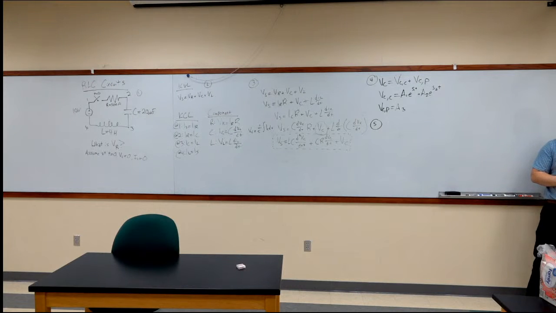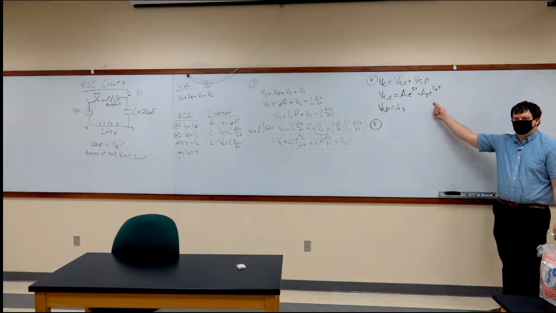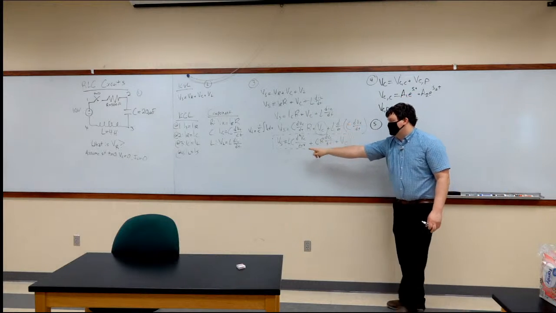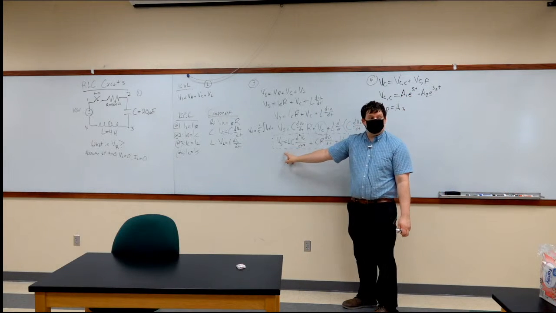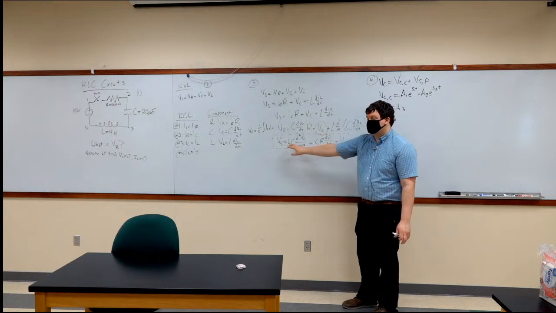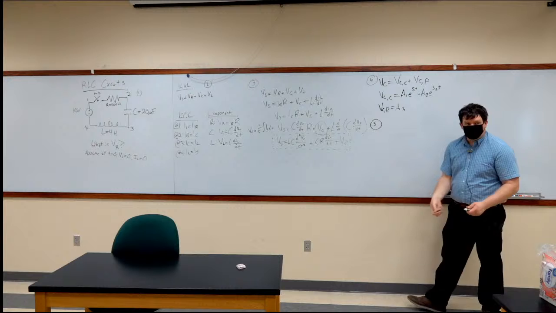What is the homogeneous equation? Does anybody have a guess? It's not VCC. It's if we take this one, but we take out Vs. If you put this equal to 0, there's no forcing function, and this is the homogeneous equation.